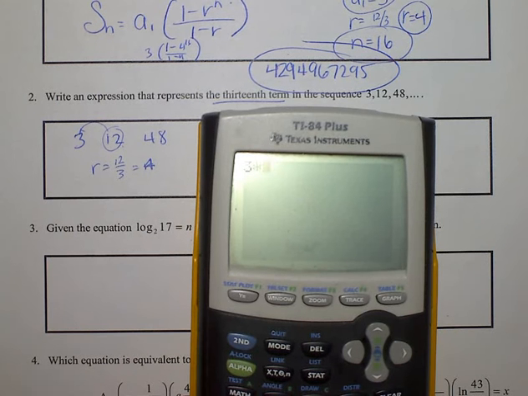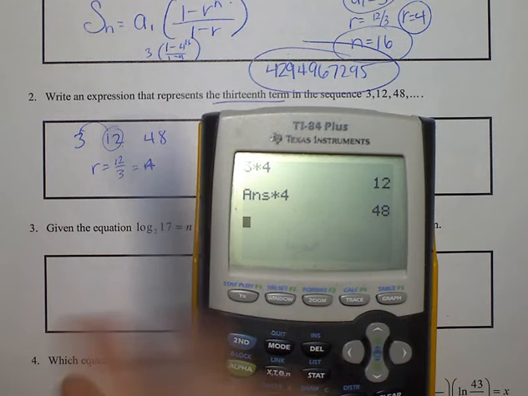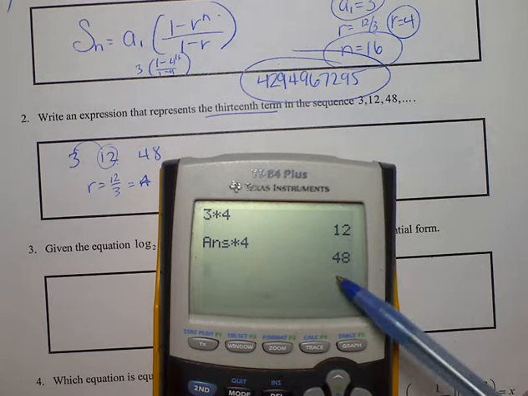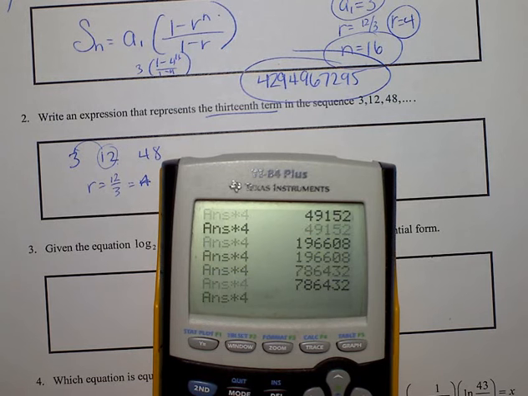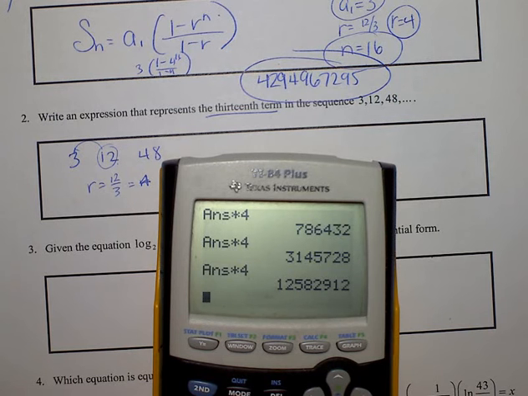Times 4, there's 12, times 4, that's your third term in the sequence. After you do something twice, the calculator recognizes the operation. There's 4th, 5th, 6th, 7th, 8th, 9th, 10th, 11, 12, and 13.